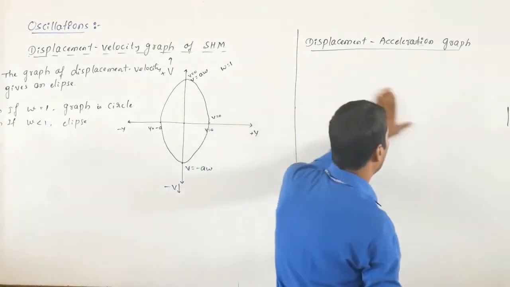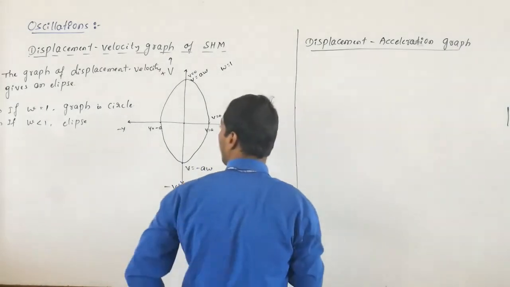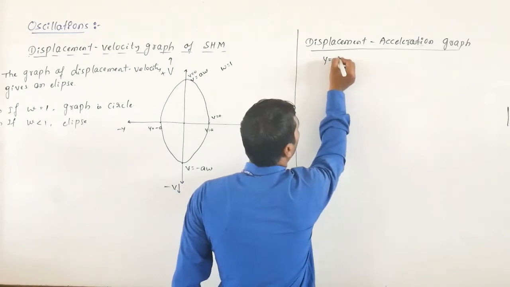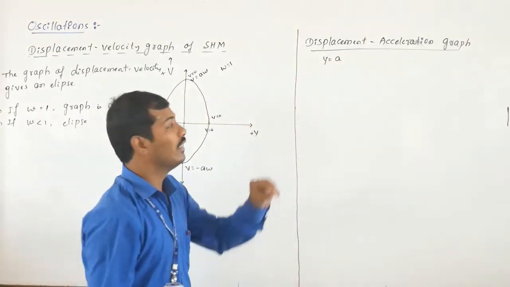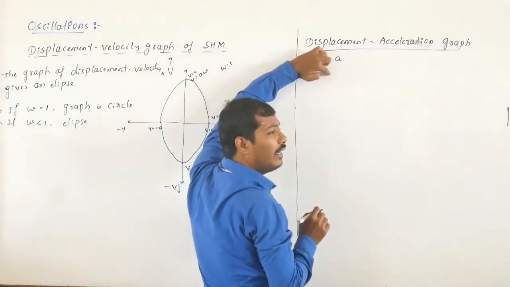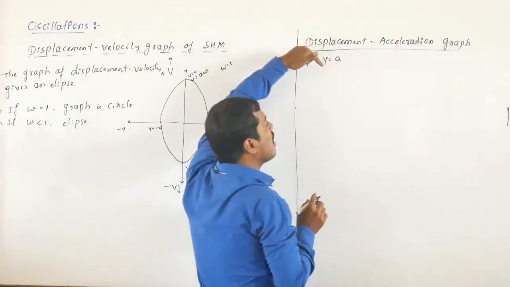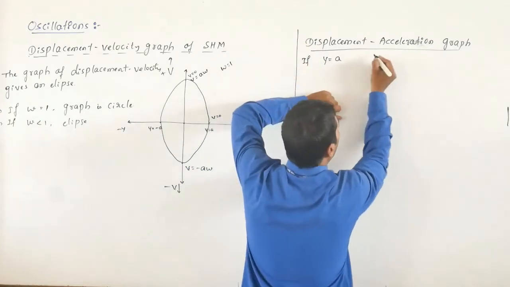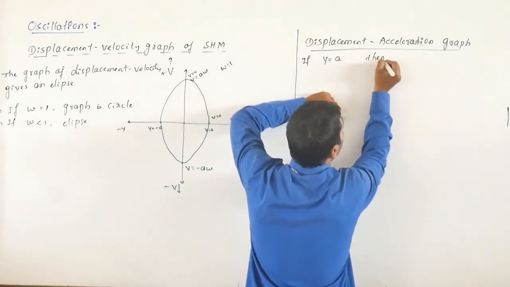We have already drawn the graphs here. Because if y is equal to a, at the extreme position, then what about the acceleration?